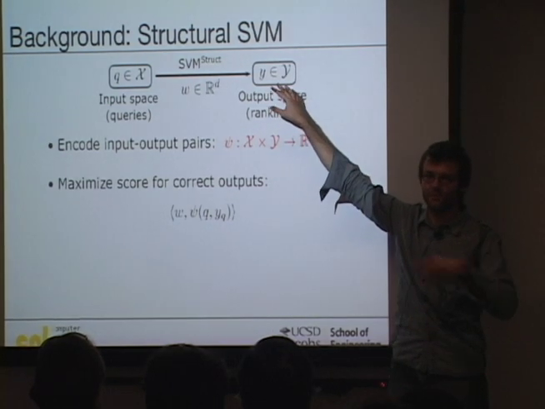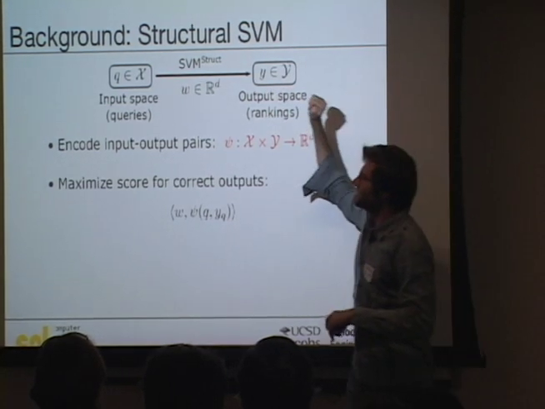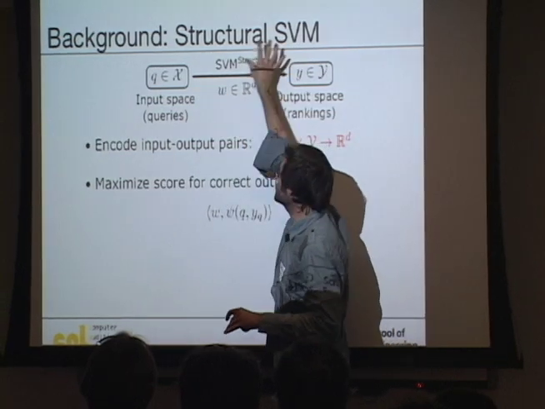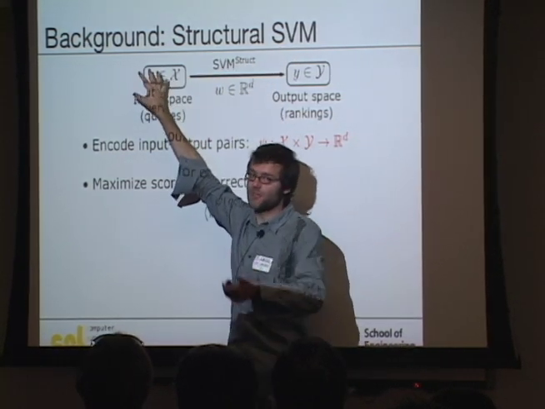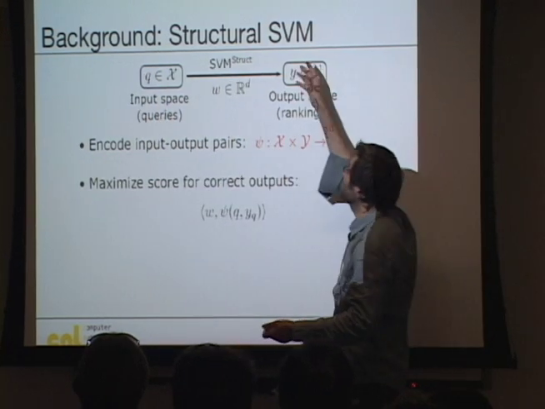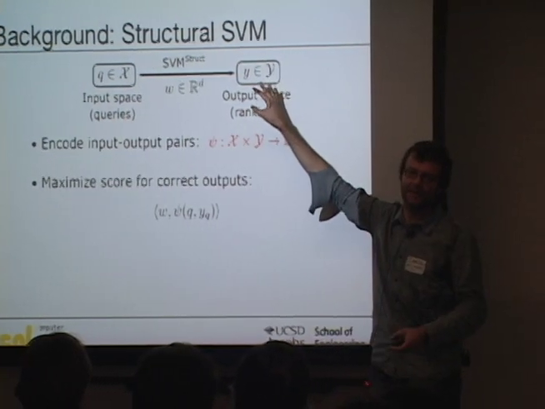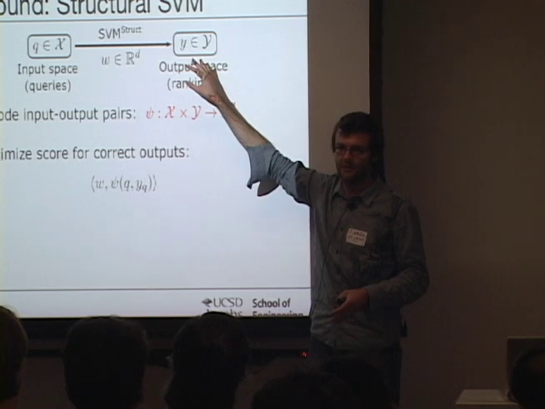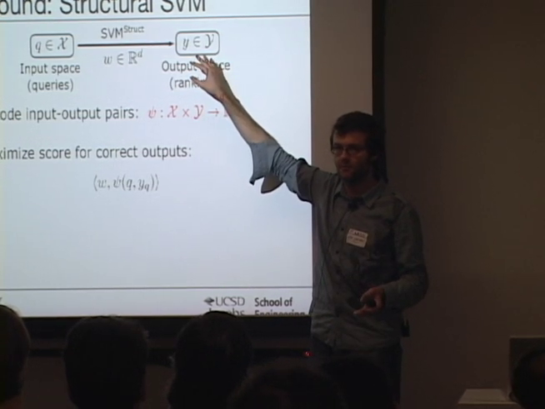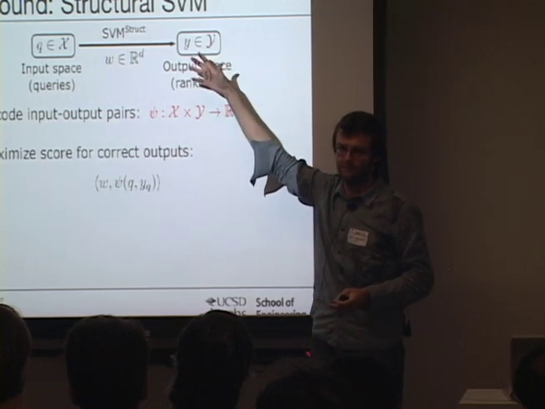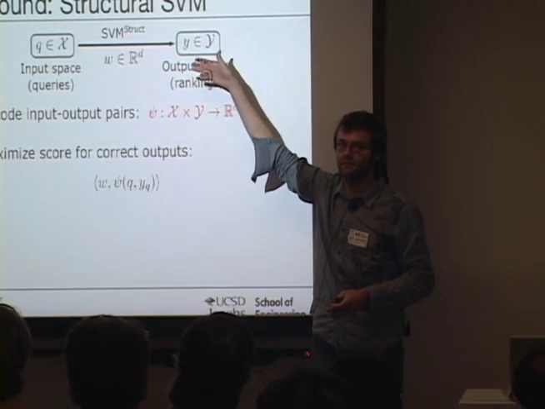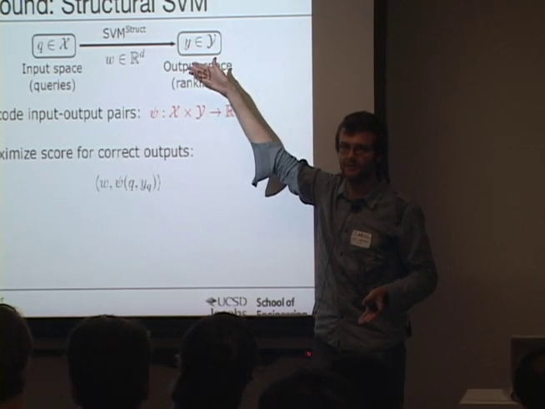Class +1 or class -1. Here in this case, it's a little bit more complicated. The structural SVM will allow us to provide an input into the system, which could be a query song, for example, and as the output provide something that is much more complicated than just a binary class label. It could be a multi-class label, membership to one of 10 classes, or it could even be a ranking, which is what we're after specifically here, a ranking of all our songs in the training data set, right?